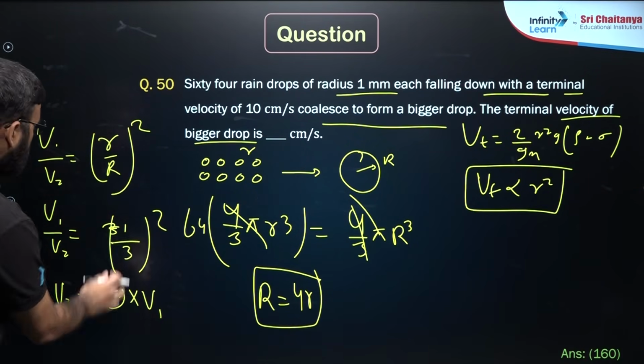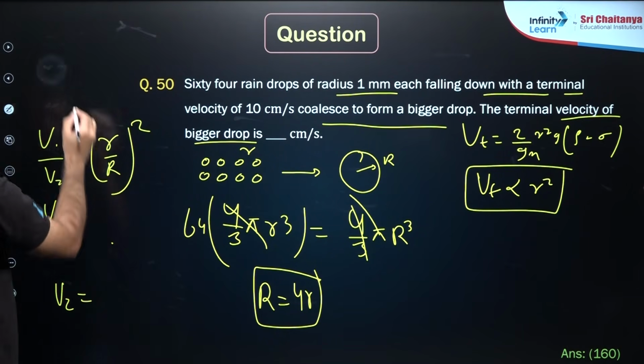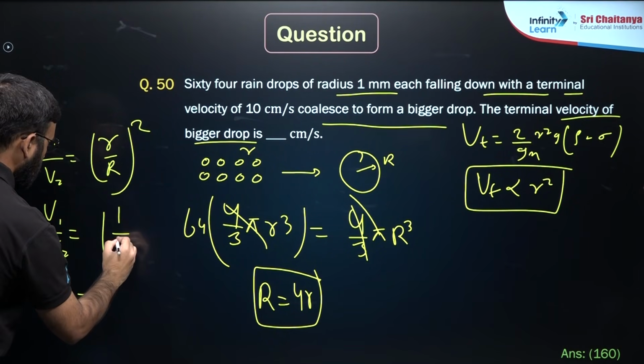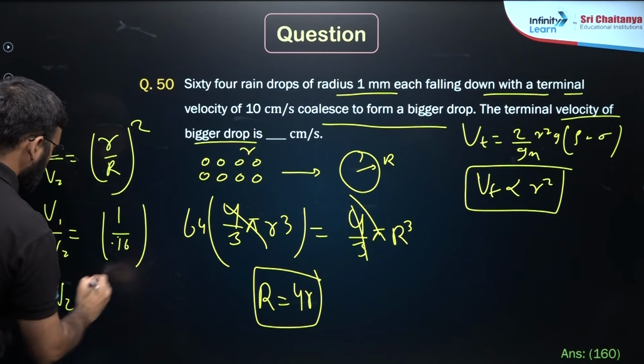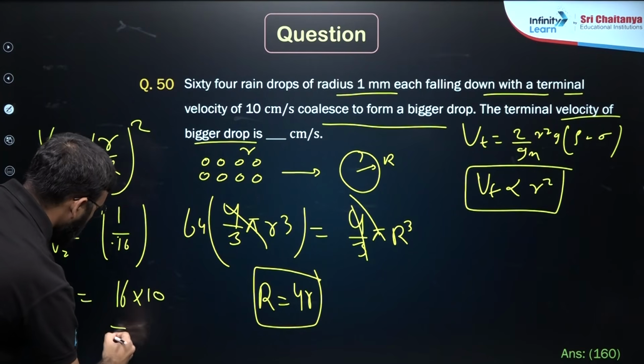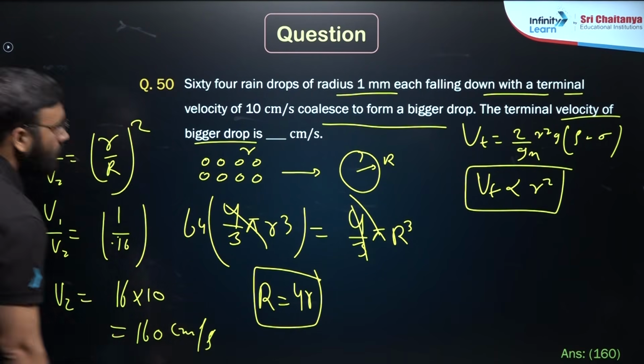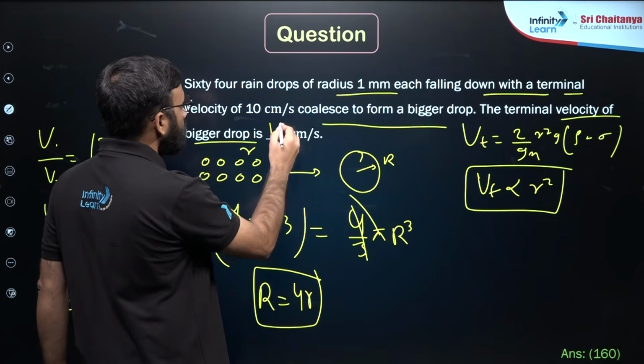Okay, so 4 means this is also my 4. 4 square is 16. Okay, so V2 equals to 16 into 10. Okay, so the final answer is my 160 beta.